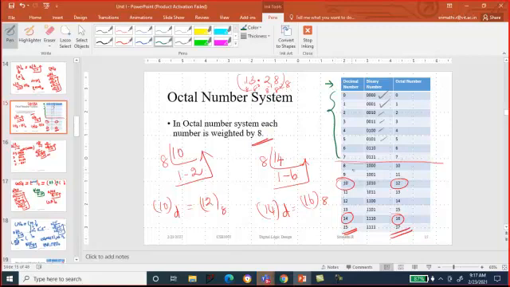After 8, the decimal varies. You getting me? 8 of decimal will be equivalent to 10 of octal. Till 7 of decimal, octal and decimal numbers are the same. The first thing is 101, which is 5, and then 011 is 3, and again 11 is also representing 3.